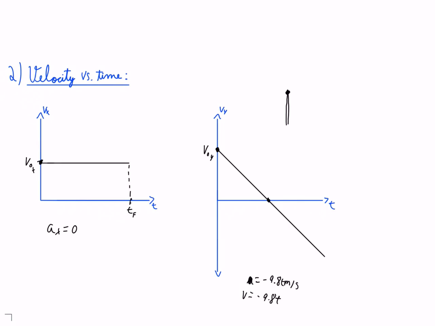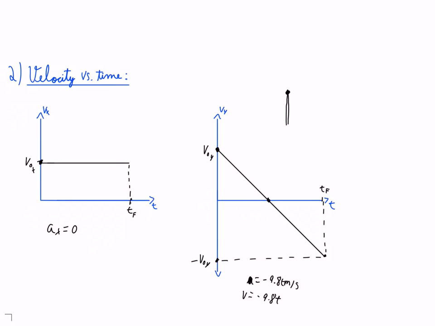And then it will keep going until it falls down at this point, at some time t final. An important thing to notice is that this final velocity is just the negative initial velocity, so negative v0y. That is the final velocity, and that is mainly it for these graphs.